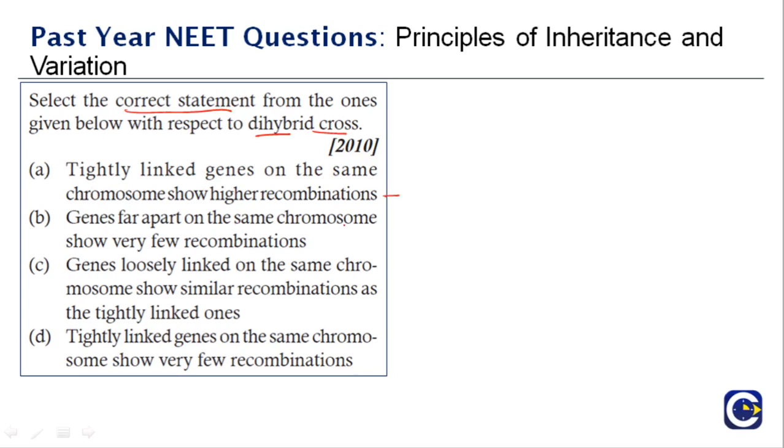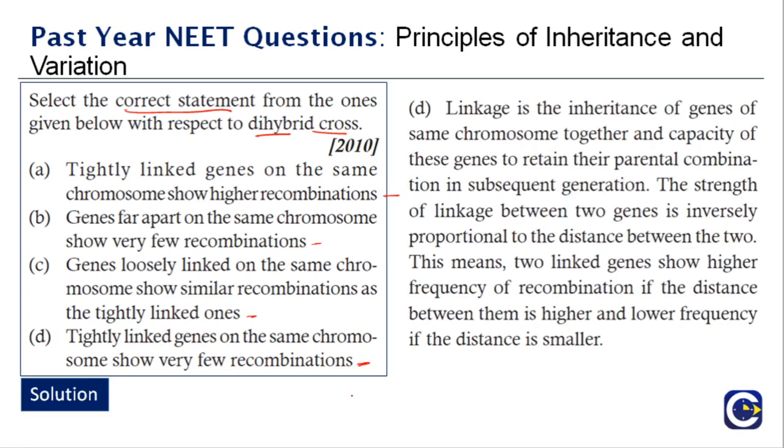Genes far apart on the same chromosome show very few recombinations. Genes loosely linked on the same chromosome show similar recombination as tightly linked ones. Tightly linked genes on the same chromosome show very few recombinations. So what is the correct answer here? The correct answer here is D.